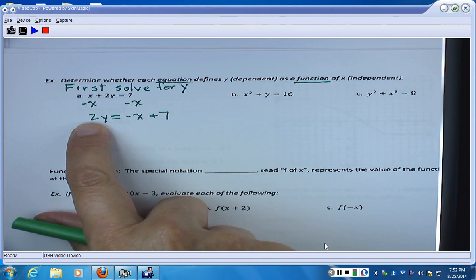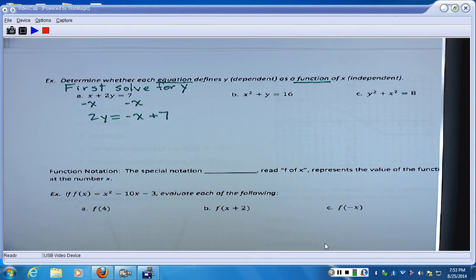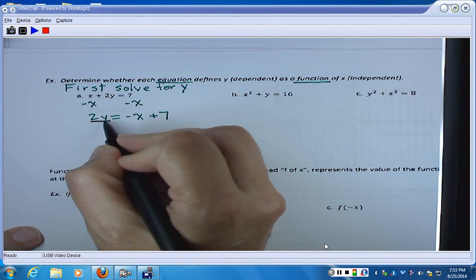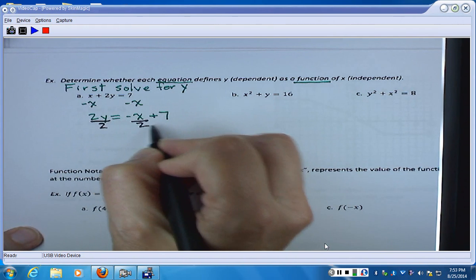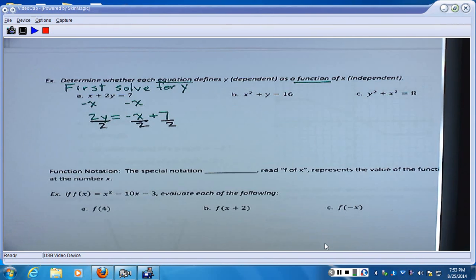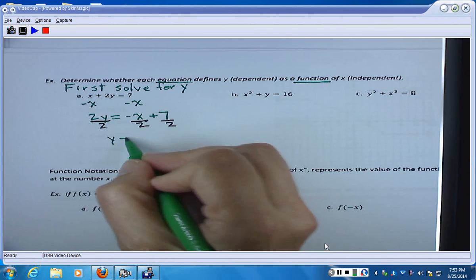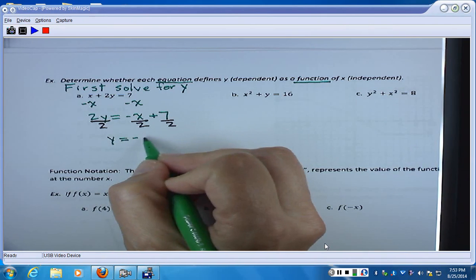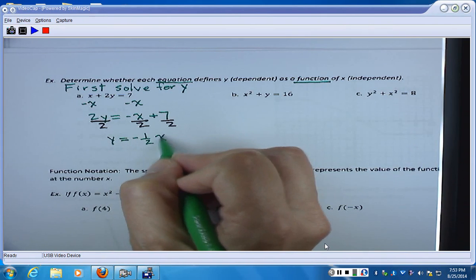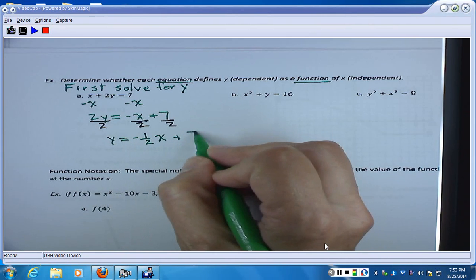And then since we're multiplying by 2, we're going to divide each term by 2. So I can do divided by 2, divided by 2, divided by 2. And you get y equals negative 1/2 x plus 7/2.